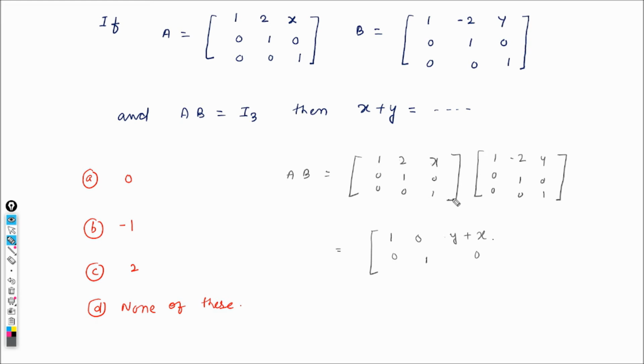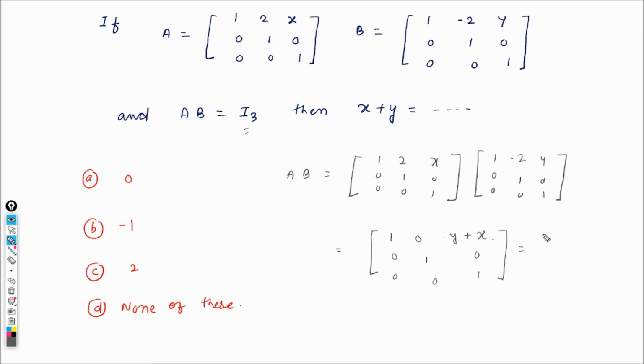Here, multiplying the third row by the first column: 0 into minus 2 is 0, plus 0 into 1, again this will be 0. So let us multiply 0 into y, 0, plus 0, plus 1 into 1, 1. So this is equal to I3.